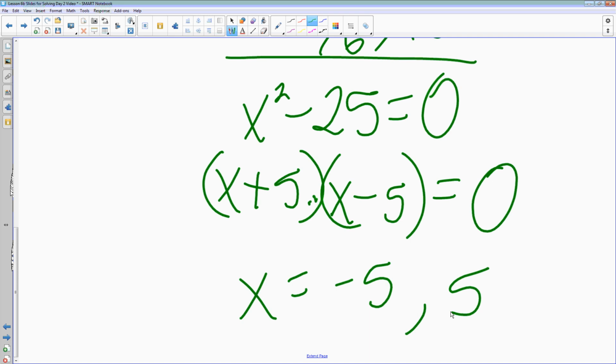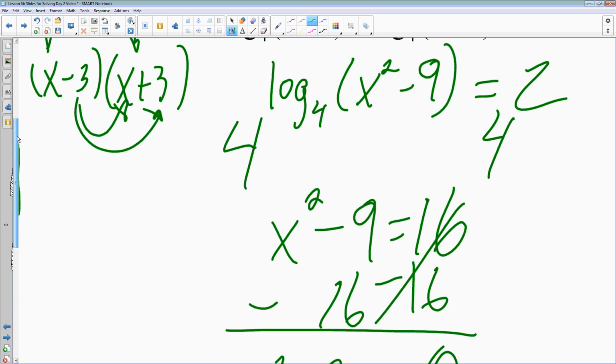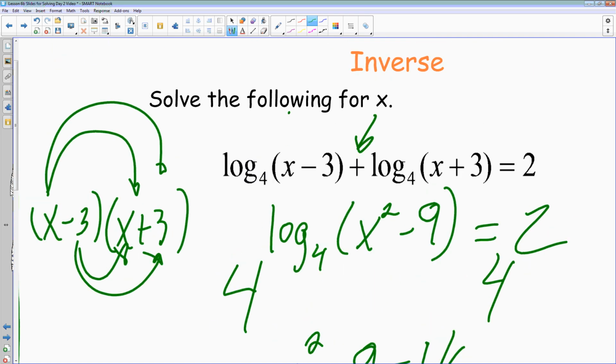Now this is where we have to check. If you go back and plug in negative 5 into this problem, you'd end up getting log base 4 of, and then you'd have negative 5 minus 3, which is negative 8. And you'd also have negative 5 plus 3, which is negative 2.